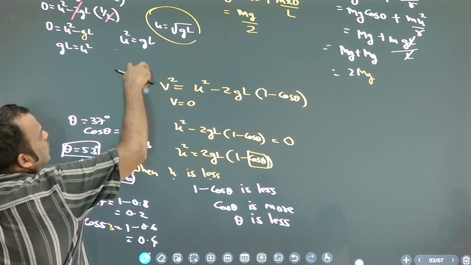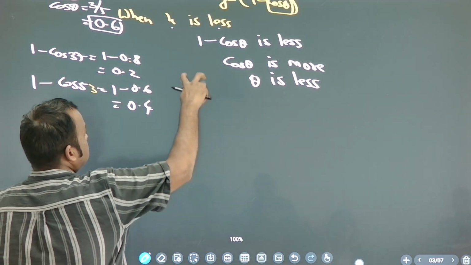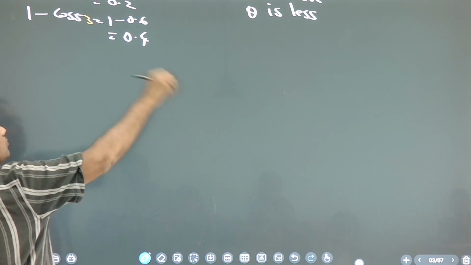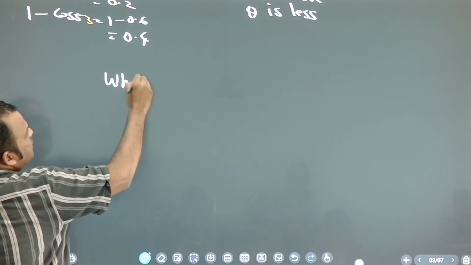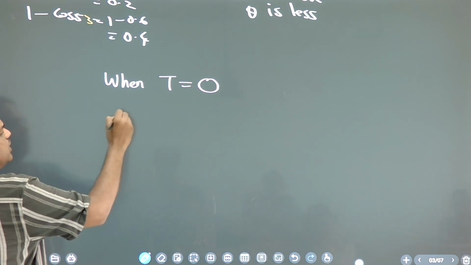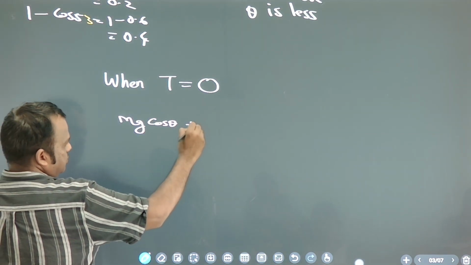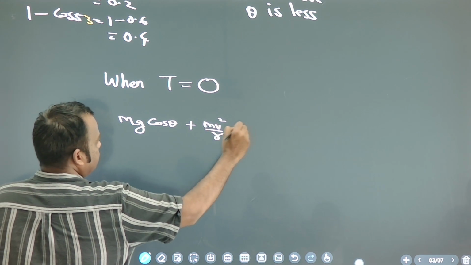So now, okay, I will come back to this. Now again use the tension formula. Now when tension is 0. So what is the formula for tension? mg cos theta plus mv square by r equal to 0.